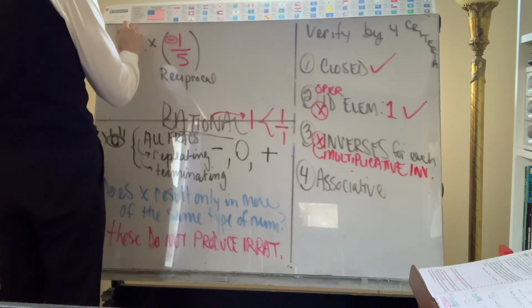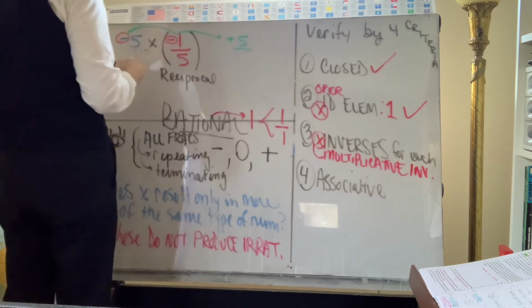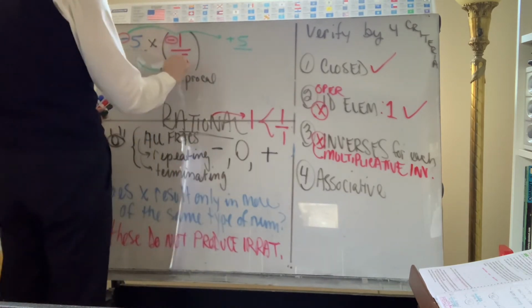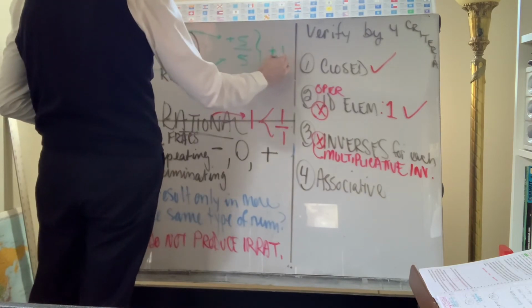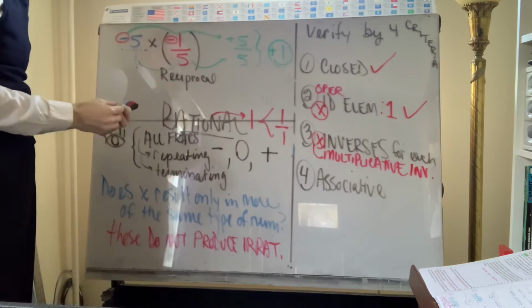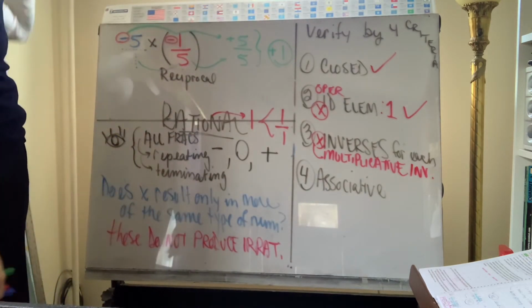-5 times -1/5 is positive 1. And 1/5 times 5 here would be just 1 again, and that does indeed produce 1. That's just one example, but you would try a couple at least, and look for some kind of special cases.